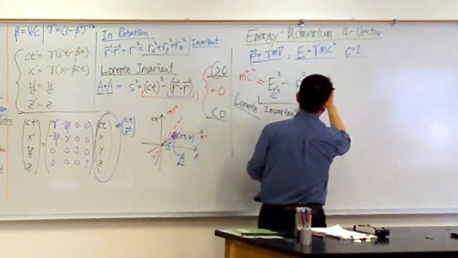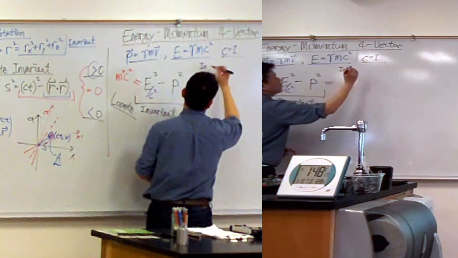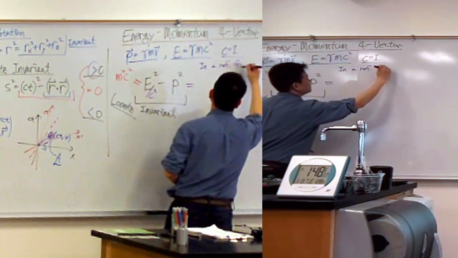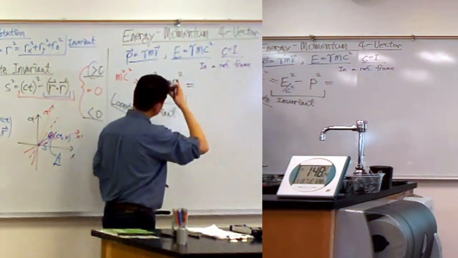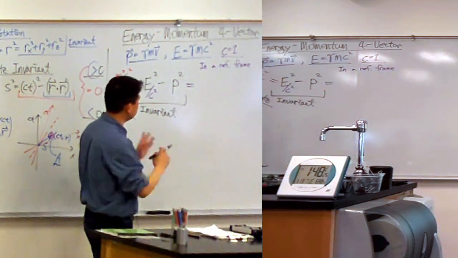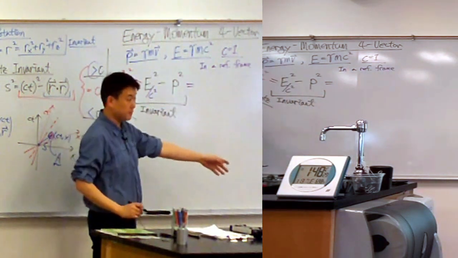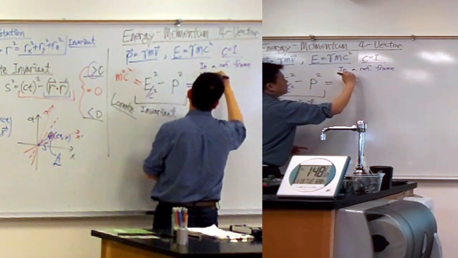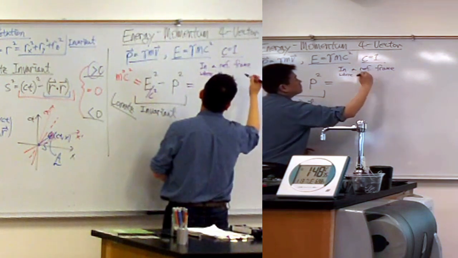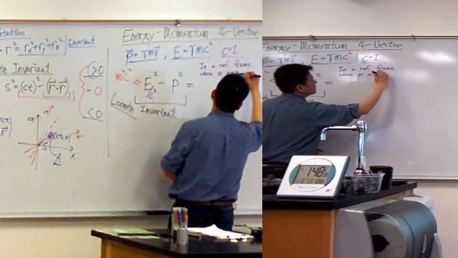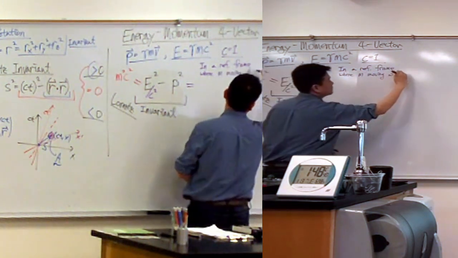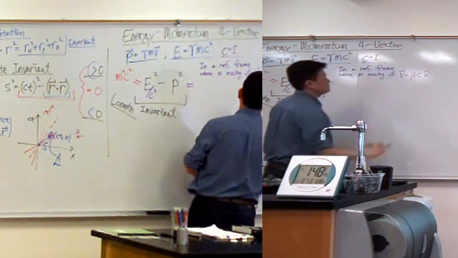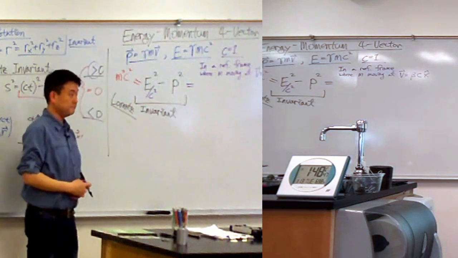So let me write down here: in a reference frame where the mass m is moving to the right at some speed v, moving at velocity of beta c x hat. Good?